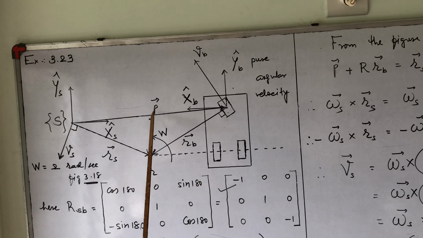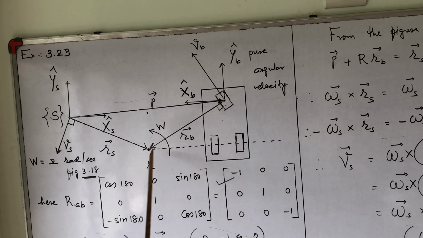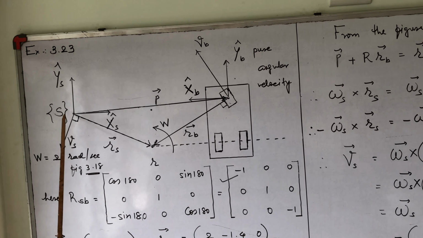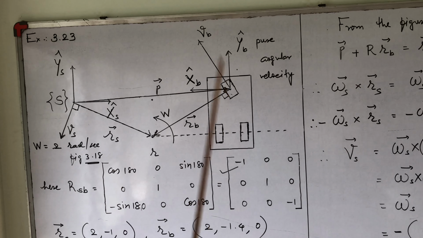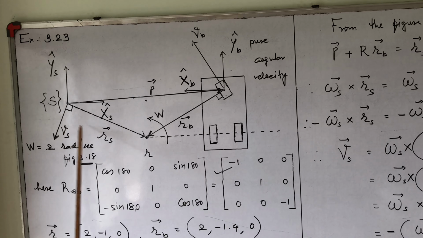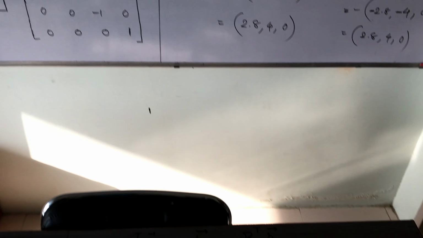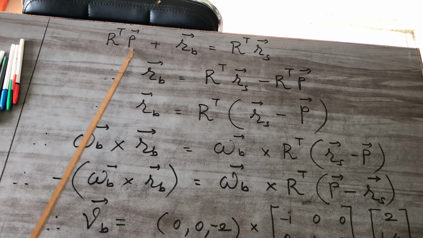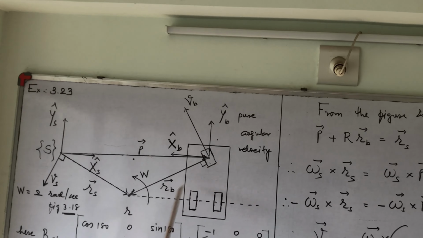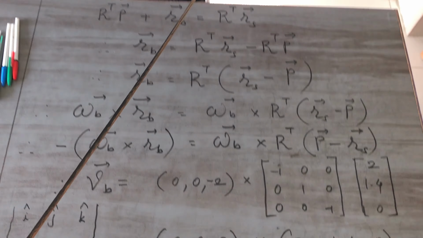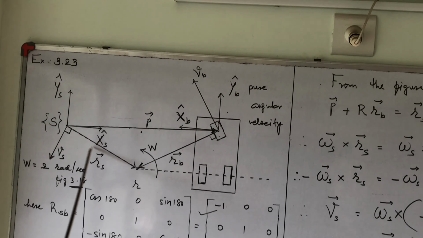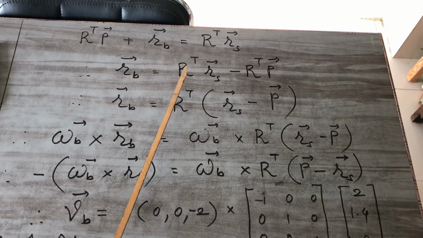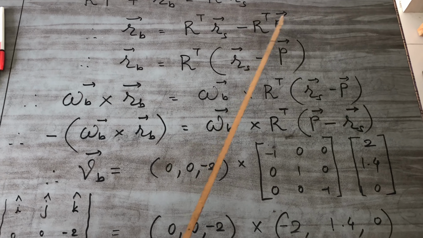So R transpose into P, this is already in B frame, so plus RB equal to, this is in S frame, we want to convert it into B frame. So R transpose into RS. See here, R transpose into P plus RB equal to R transpose RS, this one. So RB equal to R transpose into RS minus R transpose into P.